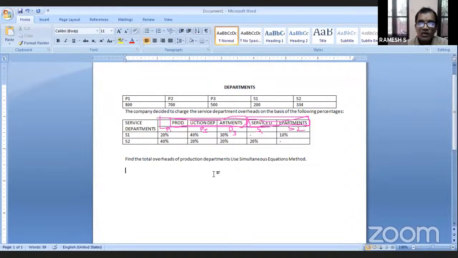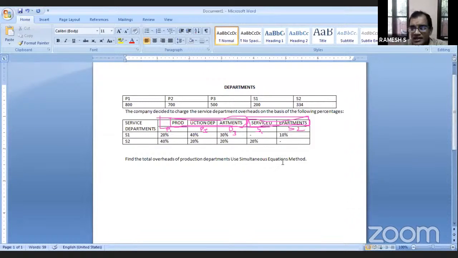In last class we have learned that overheads implies indirect expenses. There will be direct expenses and indirect expenses in an organization. In case of direct expenses, you can easily identify to which production unit they belong.